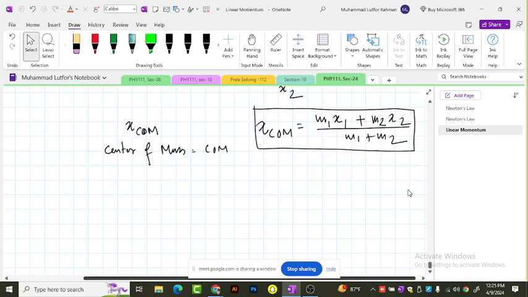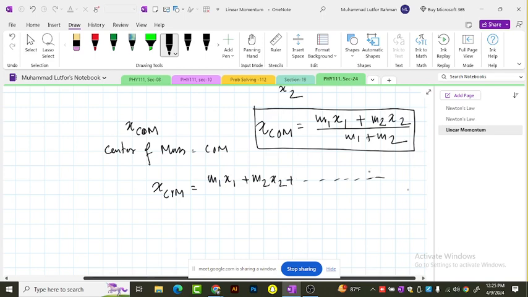If you have more than two masses, you can write down the general form of this XCOM also. If you have M1 X1 plus M2 X2 plus dot dot, let's say I have n particles in the system, and their distance is xn, divided by the total mass, which is M1 plus M2 plus dot dot Mn.